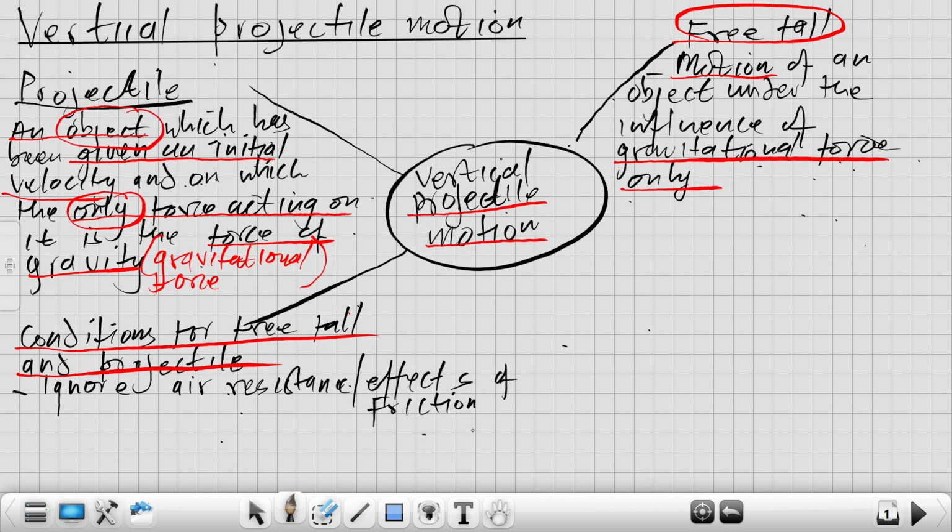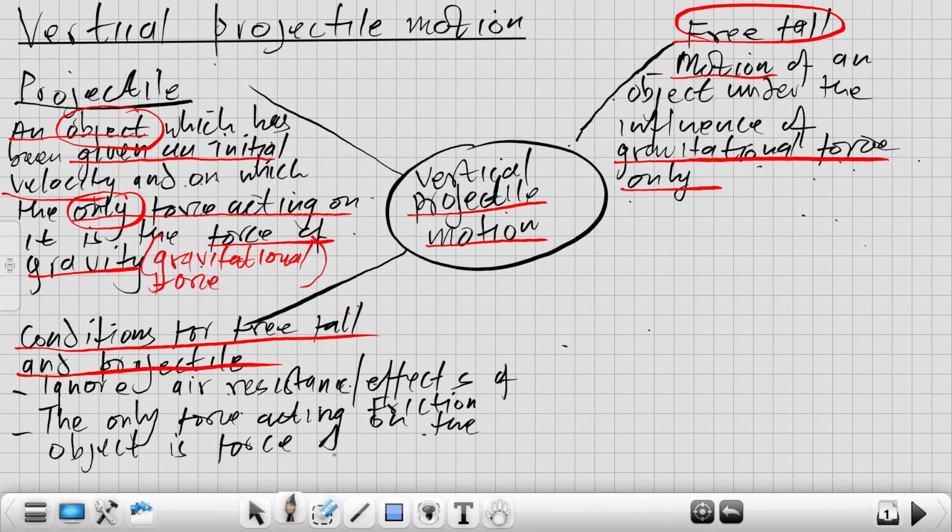Then condition number two is this one. I must ensure that the only force acting on the object is the force of gravity.